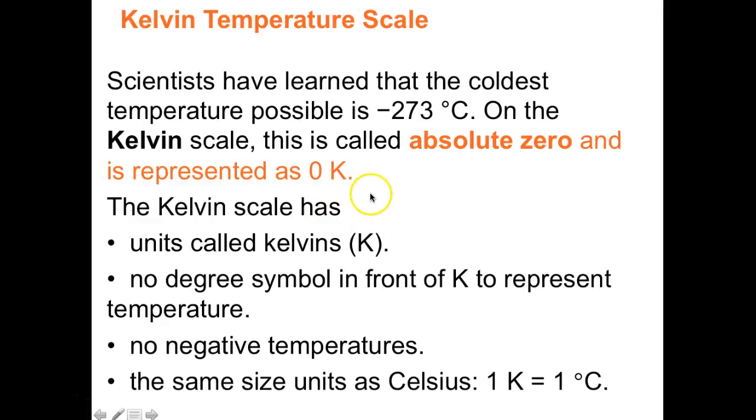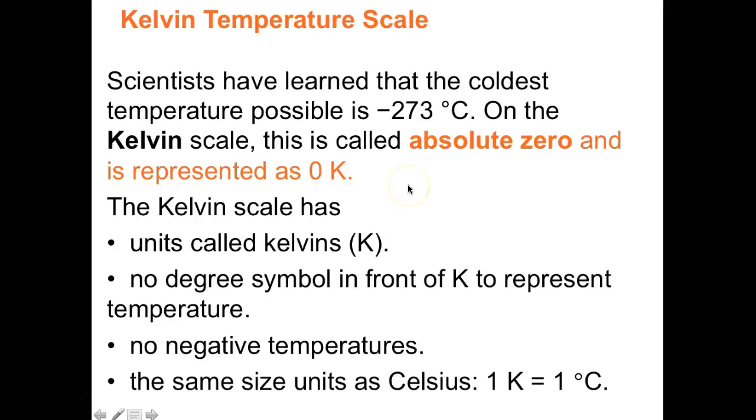The Kelvin scale doesn't start at 0 Celsius. It starts kind of like Fahrenheit starts at 32. The Kelvin scale actually starts at 273. So the freezing point of water is 273 and the boiling point is 373.